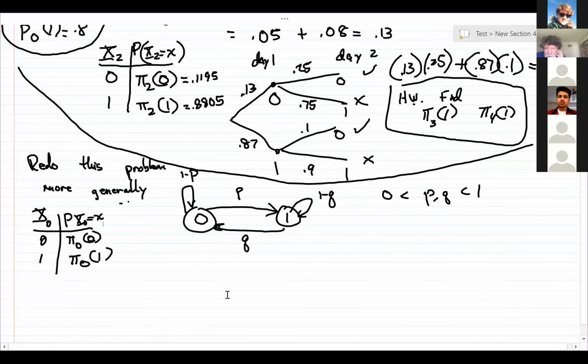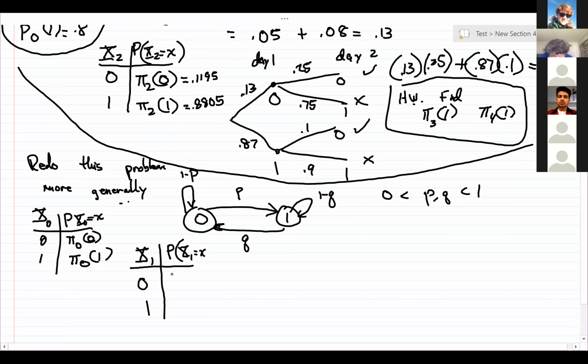So if you redo this whole thing in general, what would X1 turn out to be? I know I'm almost out of time here. If I want X1, it's still just taking two values. It turns out that this one here is what we're calling the probability that X1 is equal to little x.